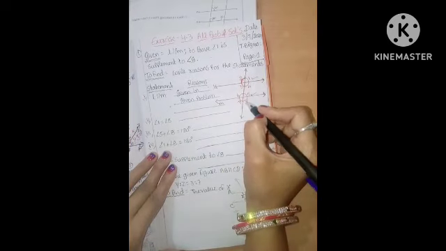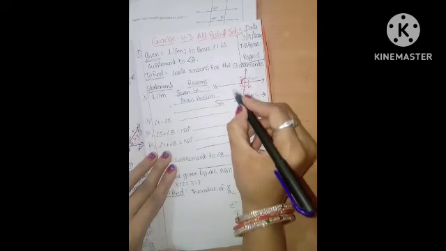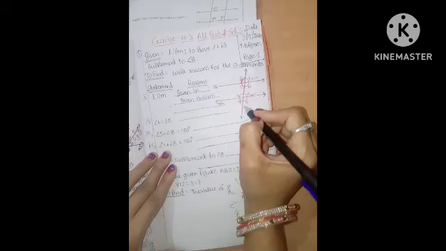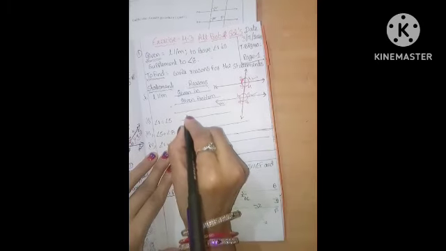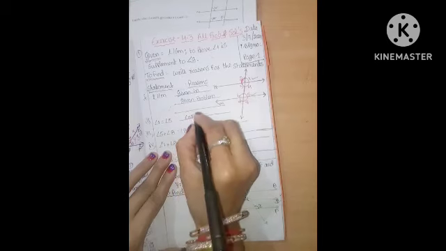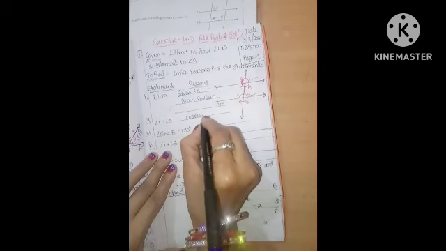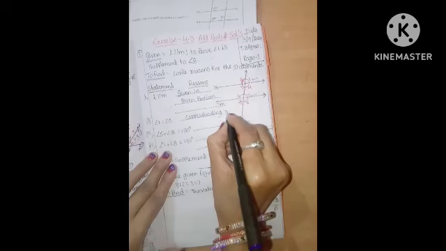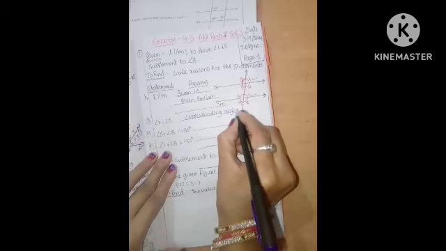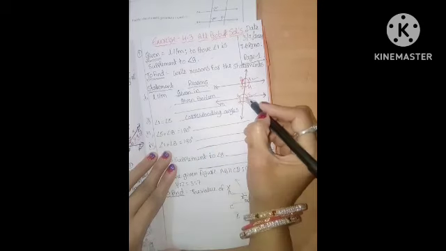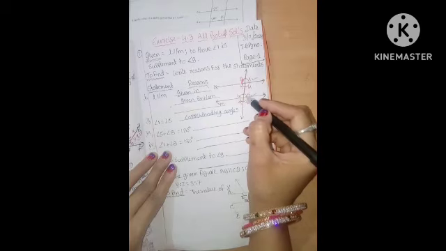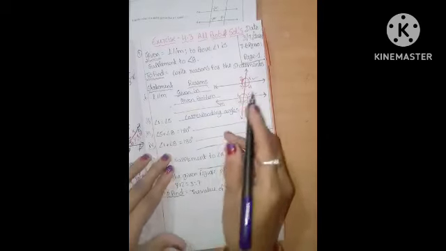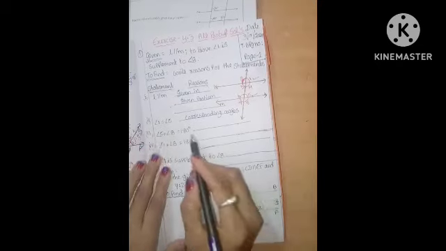If a transversal intersects two parallel lines, then each pair of corresponding angles is equal. Are you clear? Why are they corresponding angles? These two are on the same side of the transversal, one is exterior and one is interior. So that's why these two corresponding angles are equal.